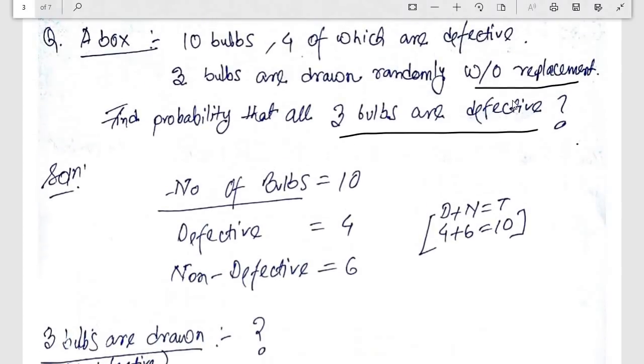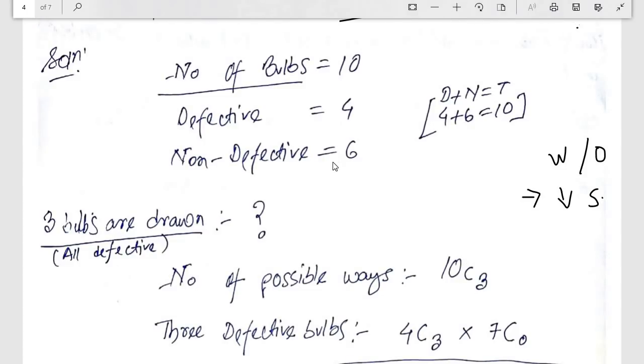Probability with replacement does not impact the size of the sample, but in probability without replacement, it reduces the number of objects with each draw. It reduces the sample. Now let's look at the question.